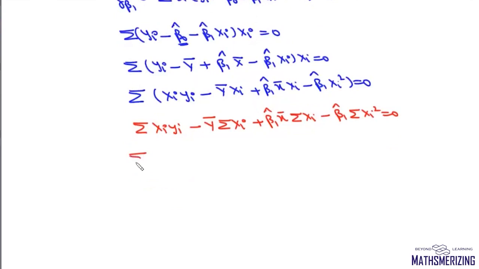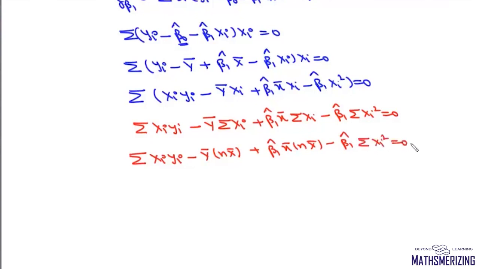Now this is summation xi yi minus this is y bar, and summation xi is n into x bar, plus, now this is beta 1 cap x bar, and this is n x bar, minus, and here will be beta 1 cap summation xi square, and it will be equal to 0.